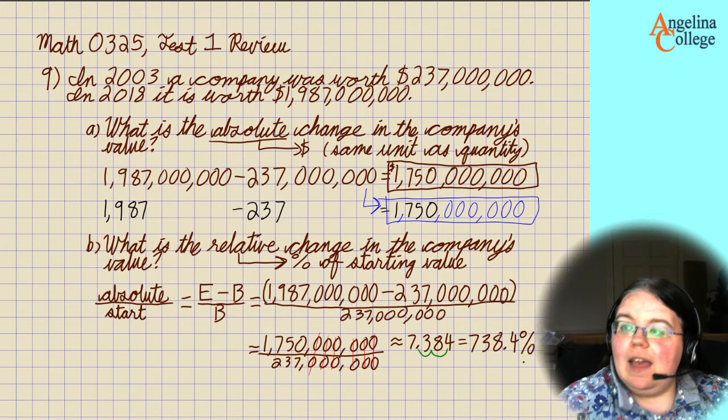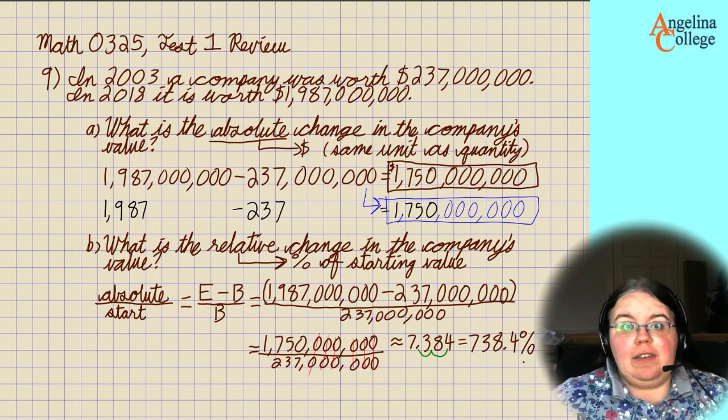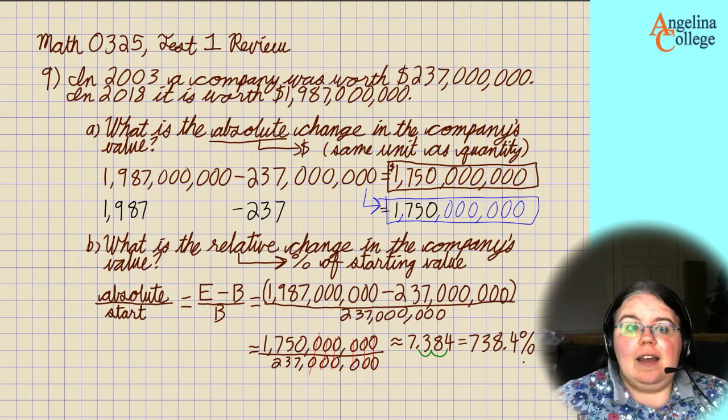738.4%. Now, this might seem a little bit bothersome if you're expecting a percent to always be less than 100%. And that's a right expectation when you're talking about a part out of whole relationship. But when you're talking about a relative change, something could increase by even more than it originally started out as.